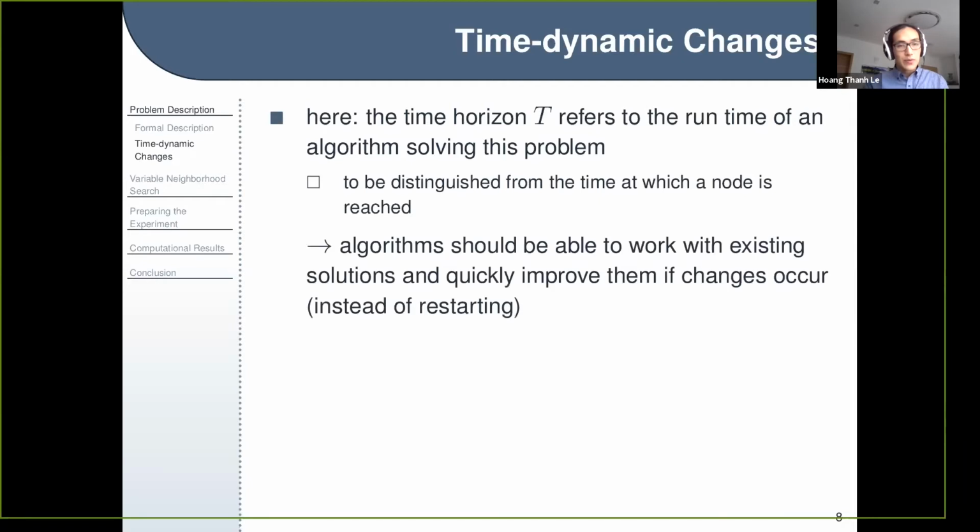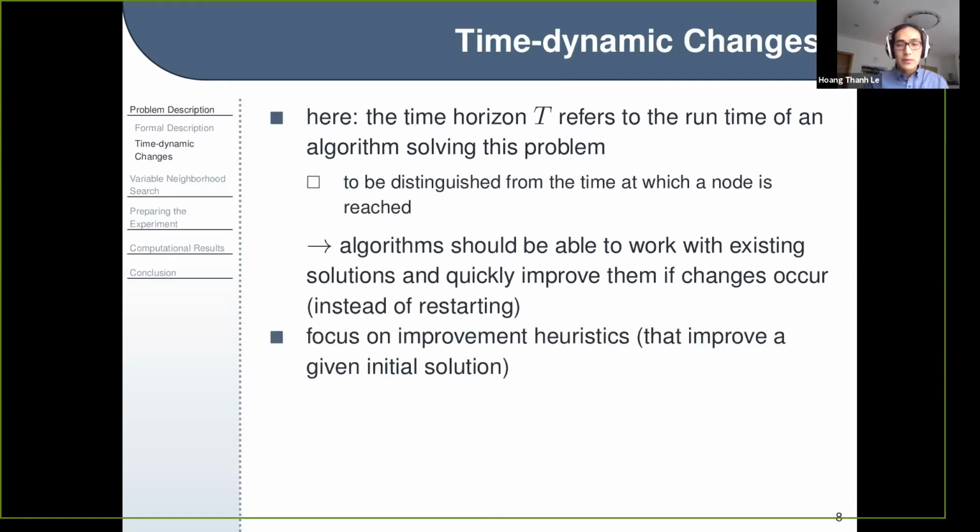For this reason, it is preferable if algorithms are able to work with existing solutions and quickly improve them if changes occur. It would be good if algorithms could do that instead of just restarting whenever a change occurs. It's also this reason why we focus on improvement heuristics, which are algorithms that improve a given initial solution.